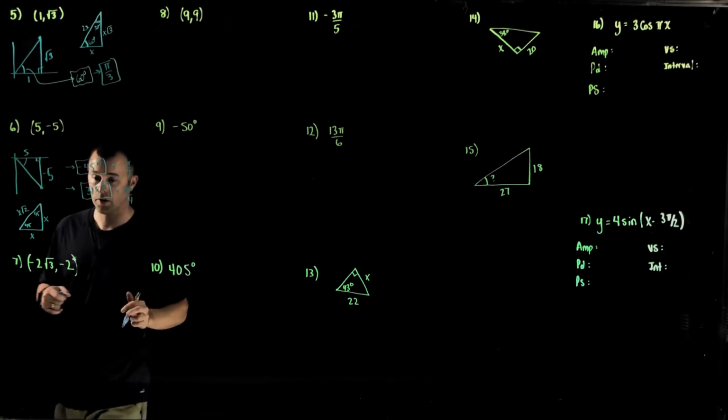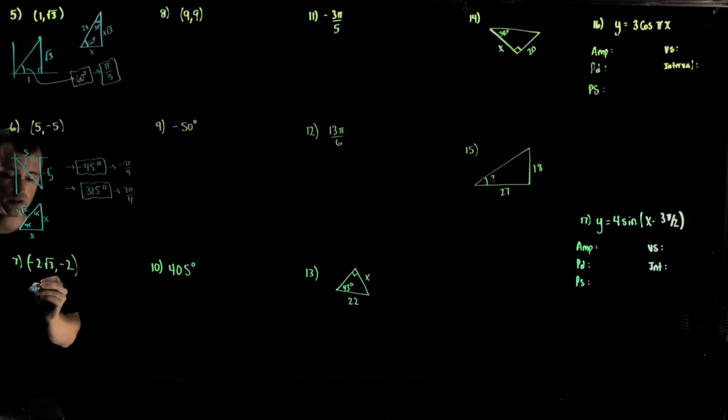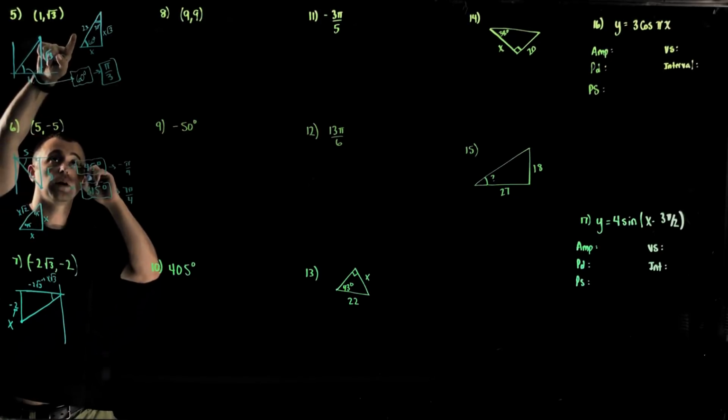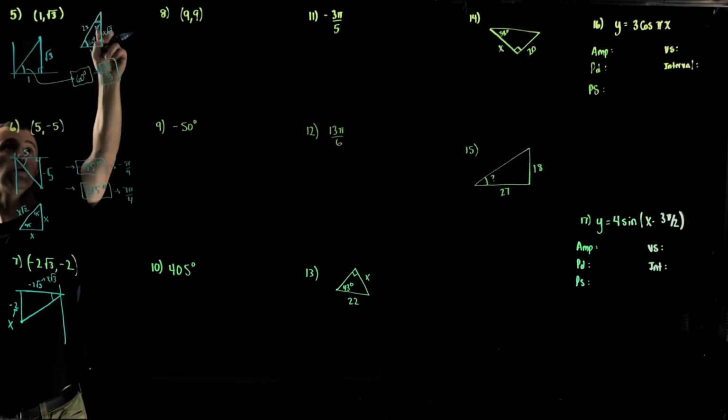Next up, we have number 7. Looks like we're going left and down. So here I'm going to go left, negative 2 radical 3, down 2. I'm going to draw my triangle here. And again, if you know, that's negative 2 radical 3, negative 2, that's your x value. And that's your x radical 3 value. So again, you're using this triangle right here. The x radical 3 is next to the 30-degree angle.